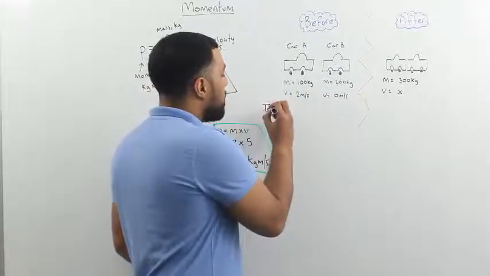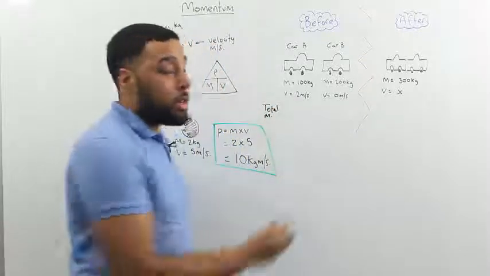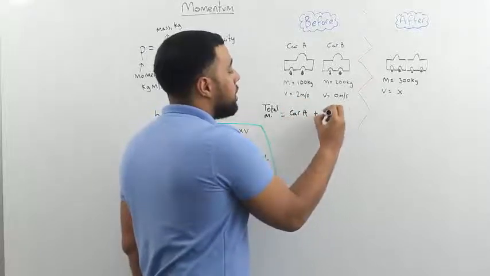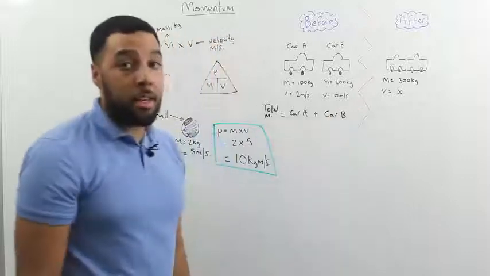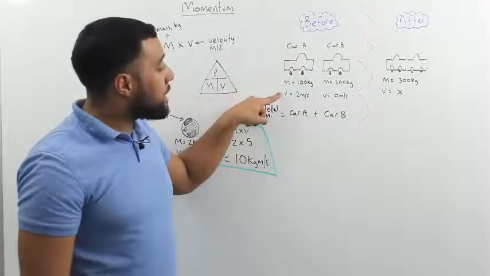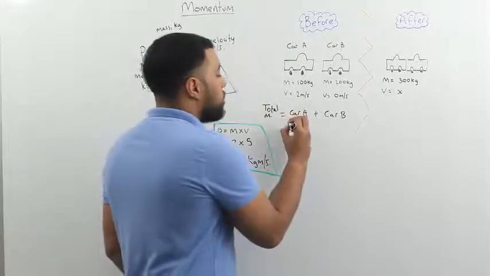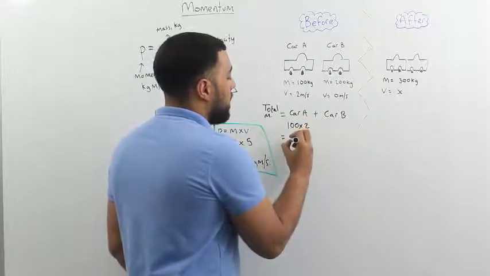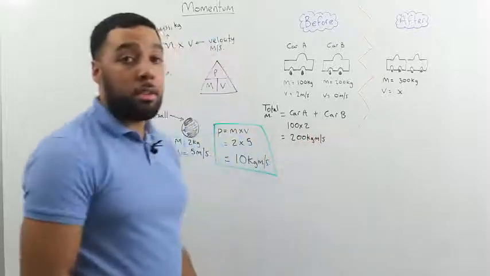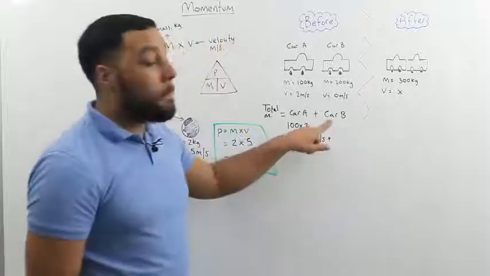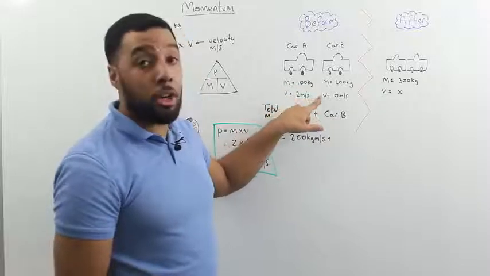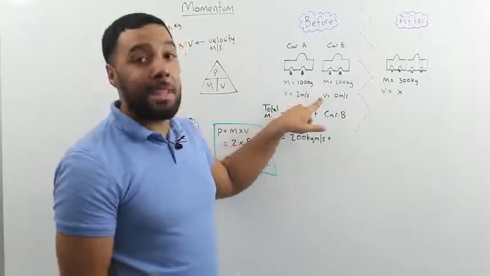Now, the total momentum would be the momentum of car A added to the momentum of car B. Well, the momentum of car A is just its mass times velocity, so 100 times 2, and that's 200 kilogram meters per second, and we're going to add that to the momentum of car B. Well, the momentum of car B is its mass times velocity, 200 times 0.